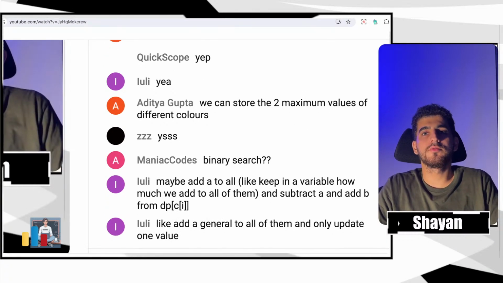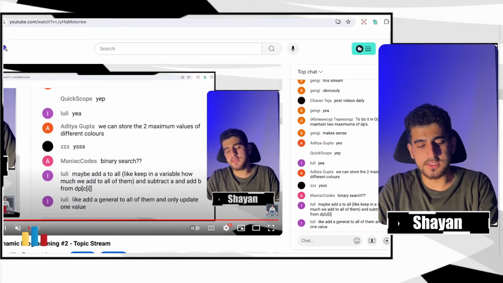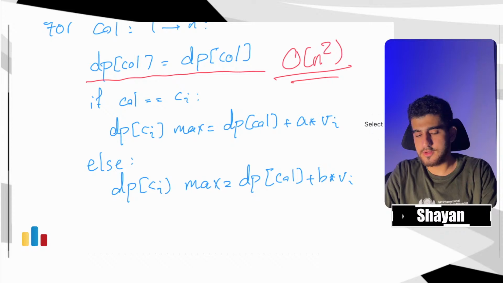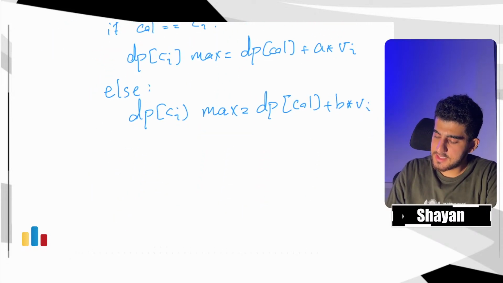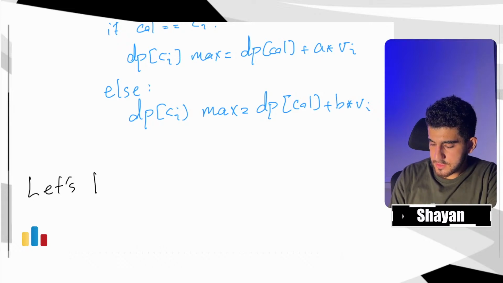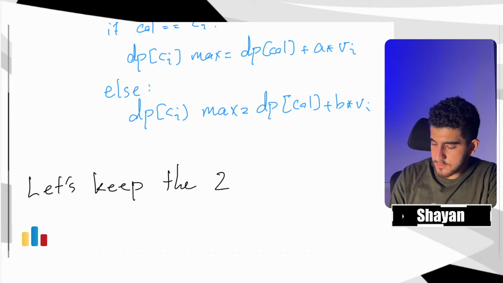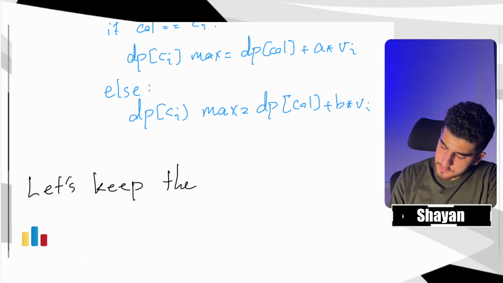What we can do, the main idea on this problem, is like this. For all the DPs, let's keep the two maximum DPs.